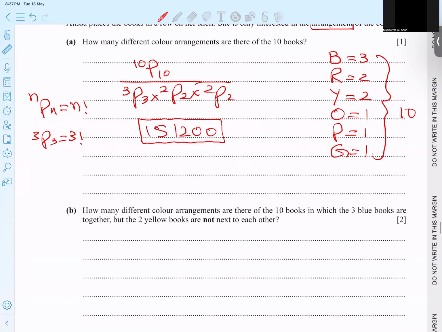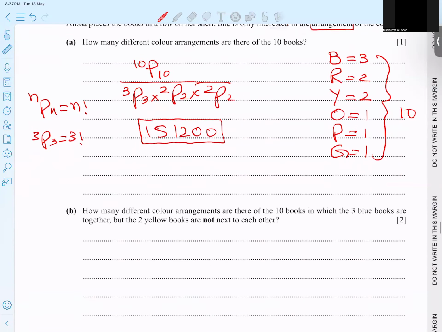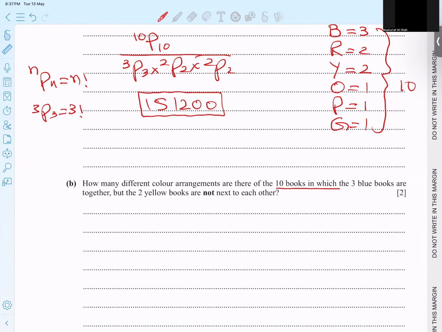So let's go to the next part. He's asking how many different color arrangements there are for 10 books in which the 3 blue are together. I repeat, the 3 blue books are together and the 2 yellow are not next to each other.